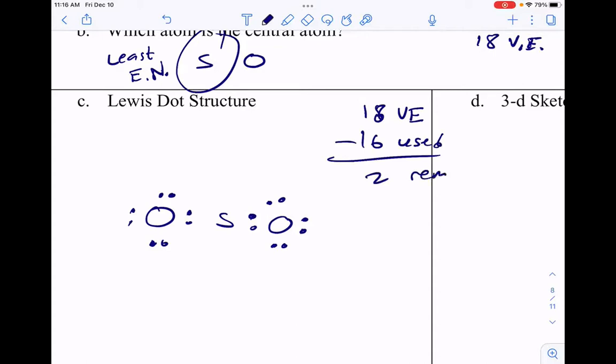And so how many lone pairs do I have, and where does it go? One lone pair, but does it matter if it goes like on the top or the bottom? No, it doesn't matter as long as it's on the central atom itself. Okay. So one lone pair on the central. So good question. Let's see here.